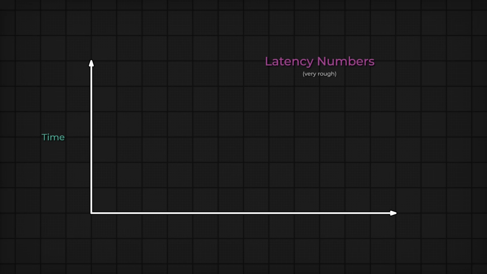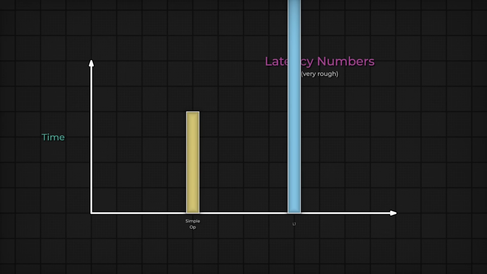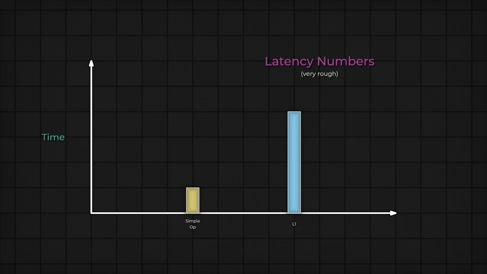Cache misses are a big deal. If you're not sure what they are, this little box here, let's say this is the time that it takes for the CPU to execute a simple instruction. Now let's say that you want to do something that needs to grab something from memory. Then if it lucks out and that thing is in the L1 cache, it takes about this long, in relative terms.